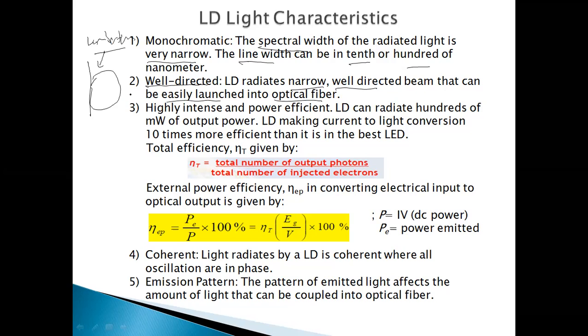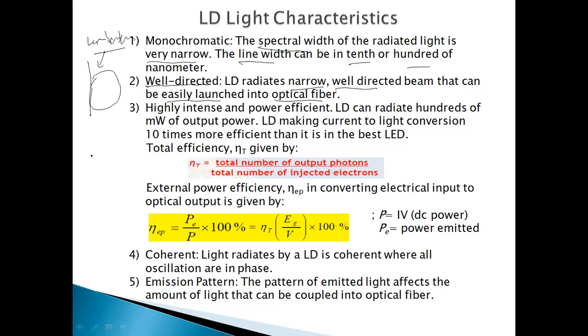From this second characteristic, the effectiveness of the light launched into the optical fiber is very good due to the fact that the profile of light is very narrow.